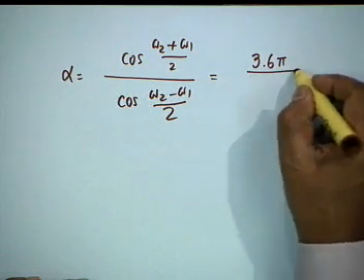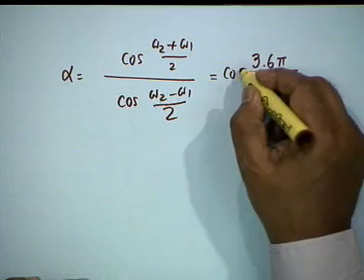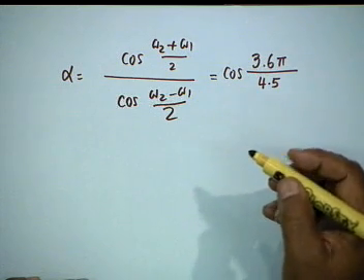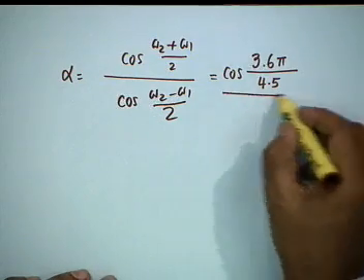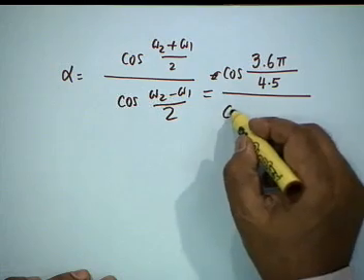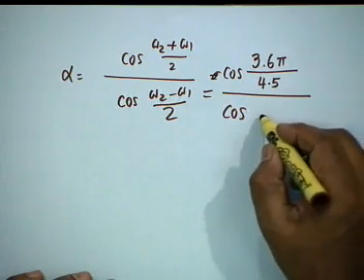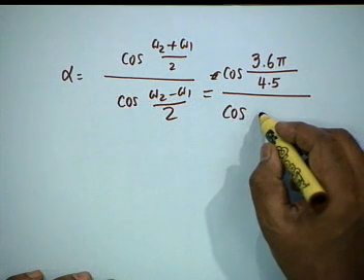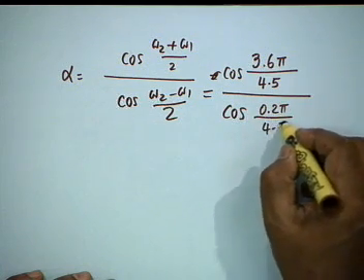3.6 pi divided by 4.5, cosine. Is that 0.8? That is right, cosine of 0.8 pi, and cosine of 0.2 pi divided by 4.5.